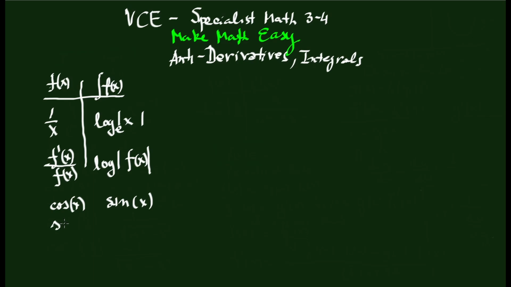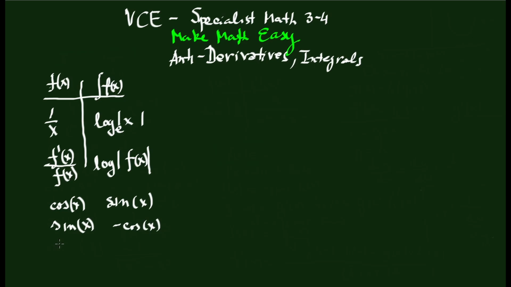So say the function is sine of x, and obviously there will be a cosine, but minus cosine of x.